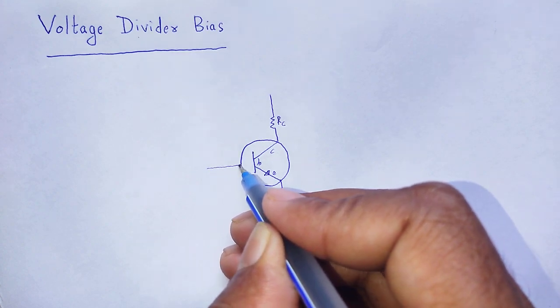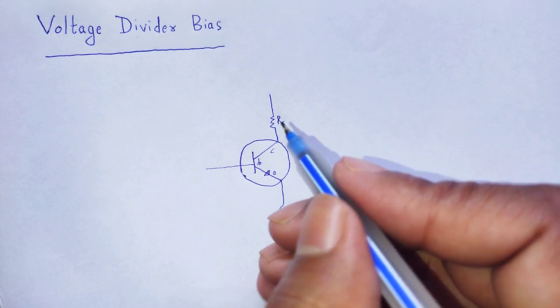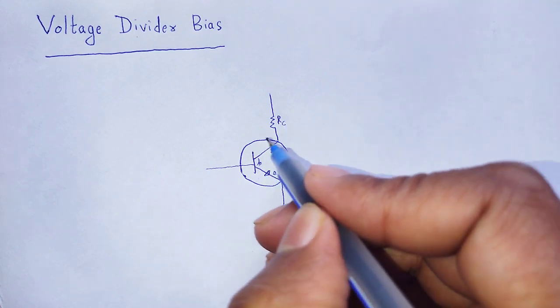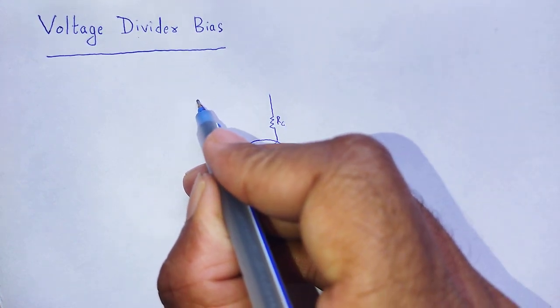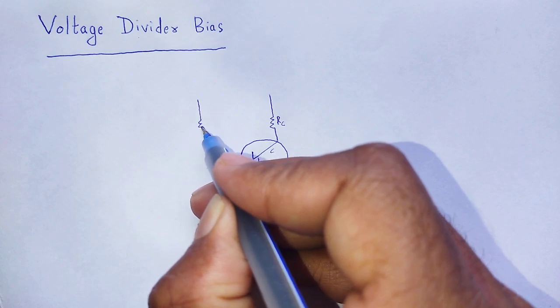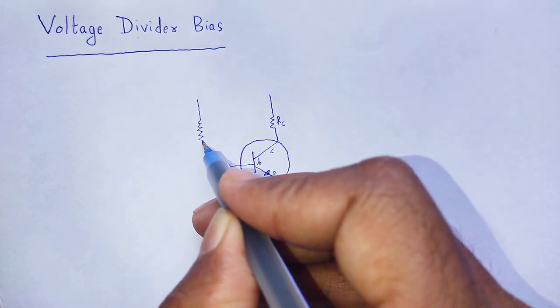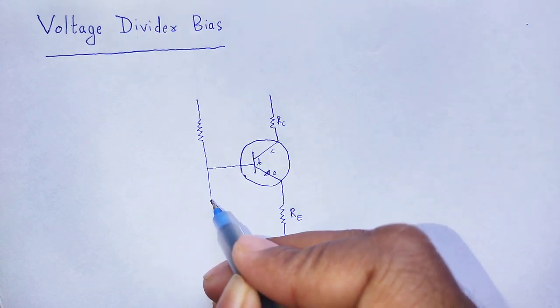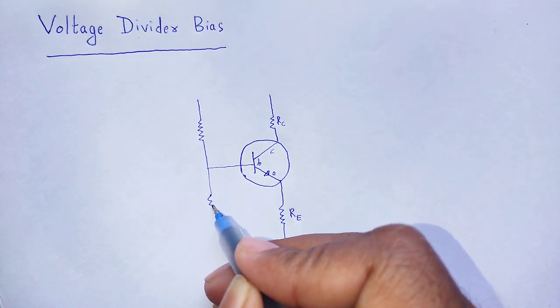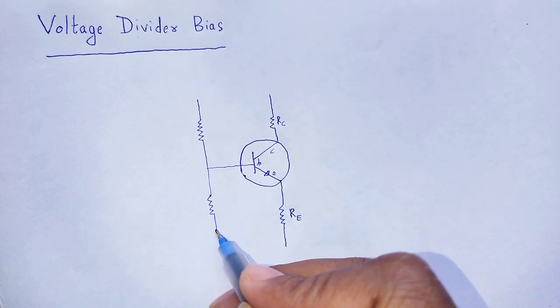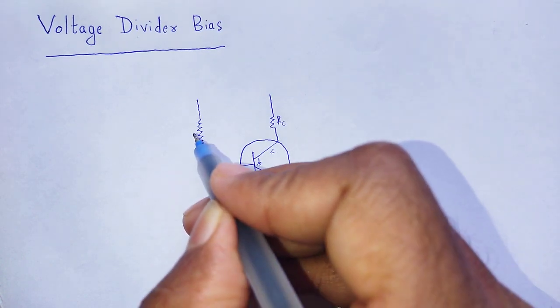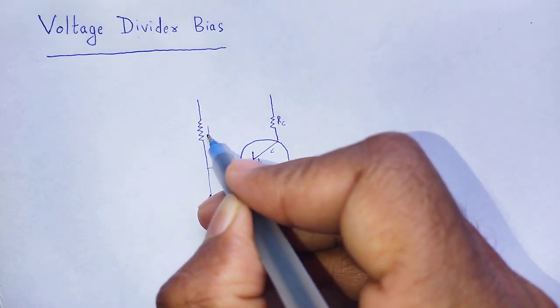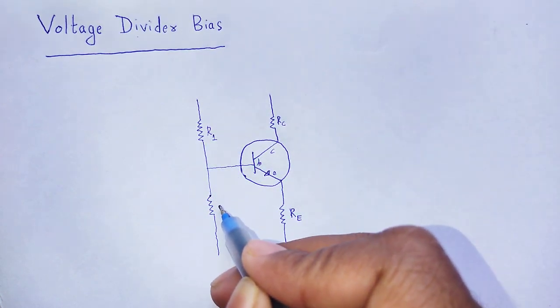But in base, the resistance used two resistors as R1 and R2.